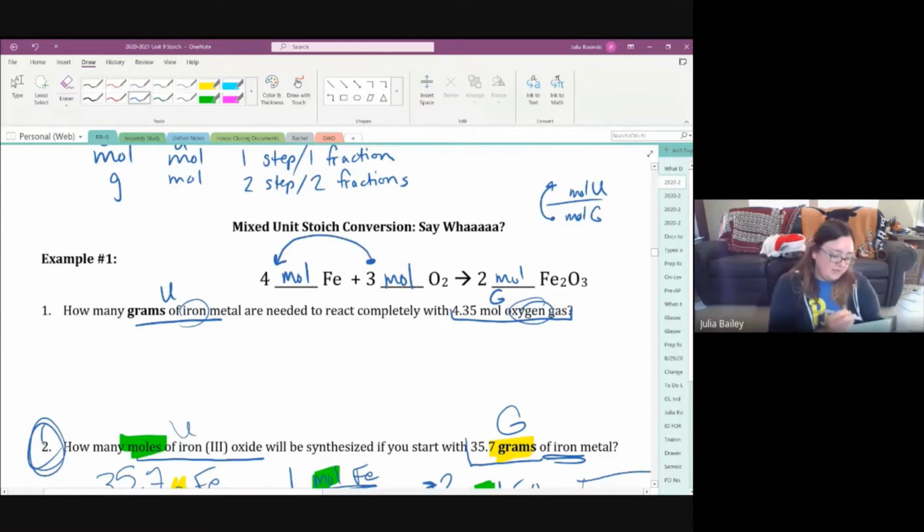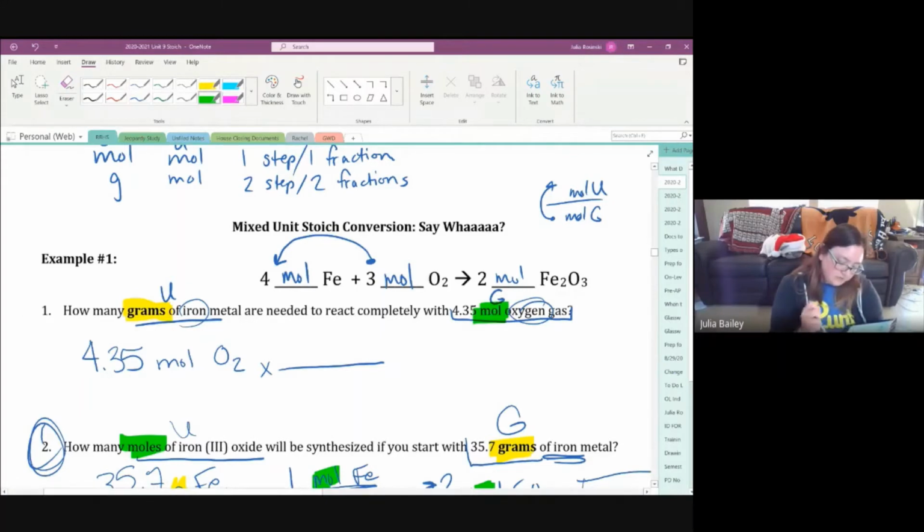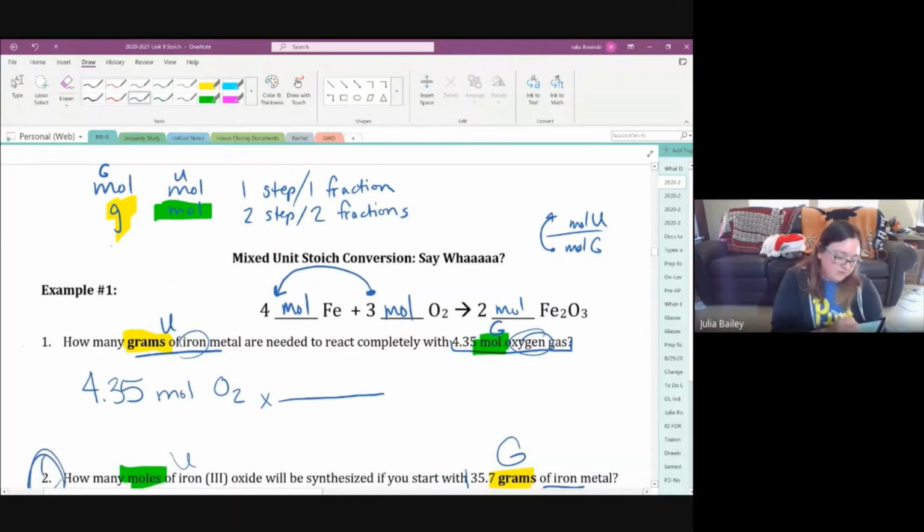Ta-da. And I know that whatever my given is, I need to start with that. I know that if I have both grams and moles, that's gonna be a two-step or two-fraction problem. That's true whether the given is grams and the unknown is moles, or the given is moles and the unknown is grams.